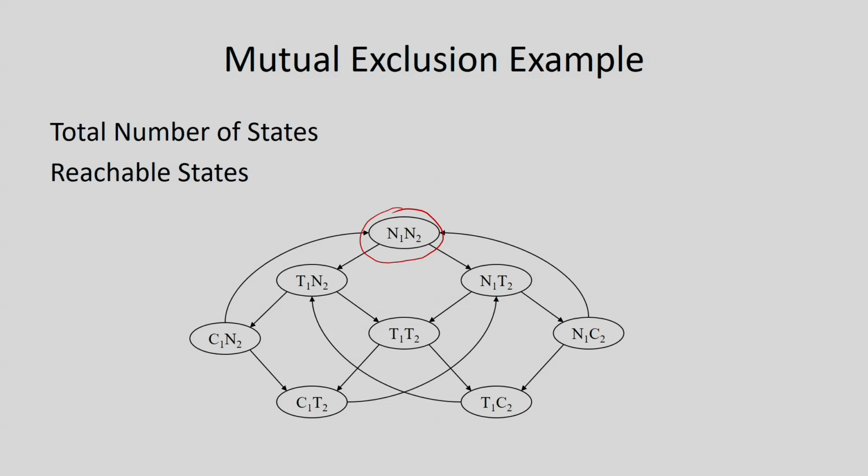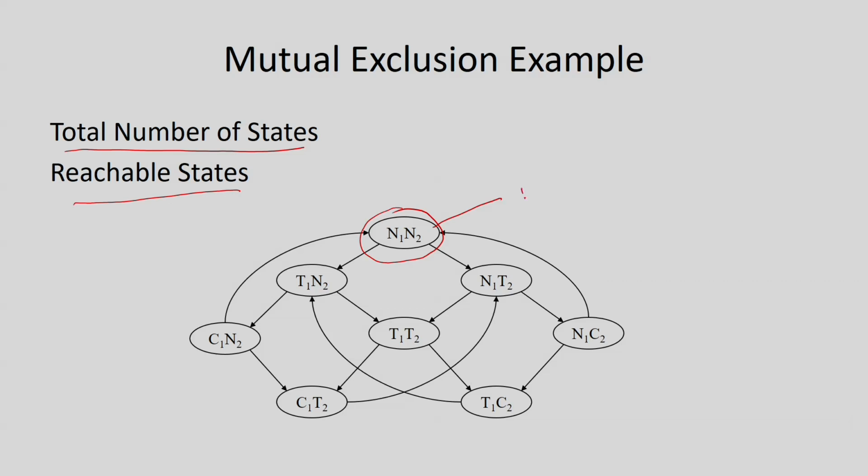So, in this way, after composing these things, this is the final state space we are getting. Here, I am just writing 2 terms. One is the total number of states, and the second one is reachable states. In this particular case, you can see that I have 6 variables, N1, T1, C1, and N2, C2, T2. Now, what do N1 and N2 mean? That means this particular state is labeled with N1 and N2.